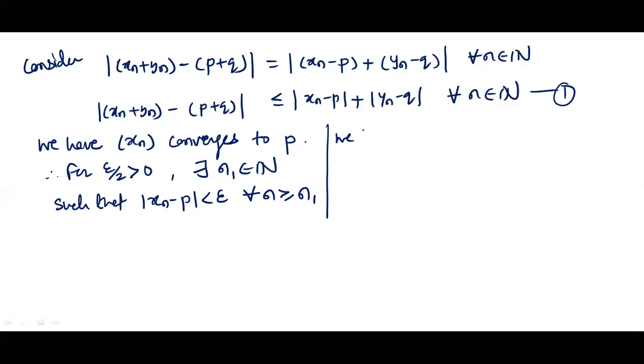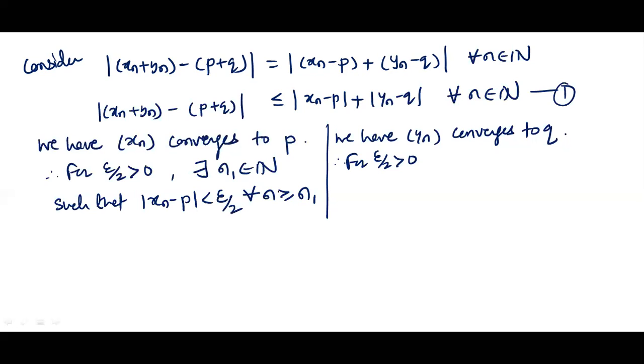Similarly, we have the sequence yn converges to q. Therefore, for epsilon by 2 greater than 0, there exists a natural number n2 such that mod of yn minus q is less than epsilon by 2 for all n greater or equal n2.